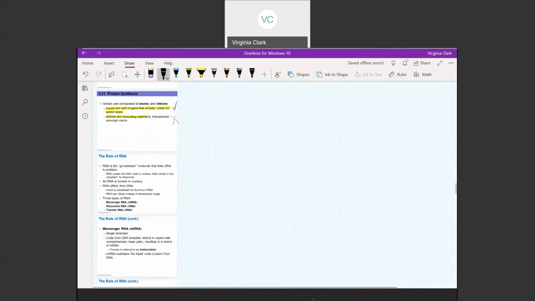Okay, so we're going to use the terms RNA and DNA now. We've already talked about DNA. Here's where we're going to differentiate between RNA and DNA. As a reminder, DNA was double-stranded, whereas RNA, which was covered in chapter 2, was single-stranded.